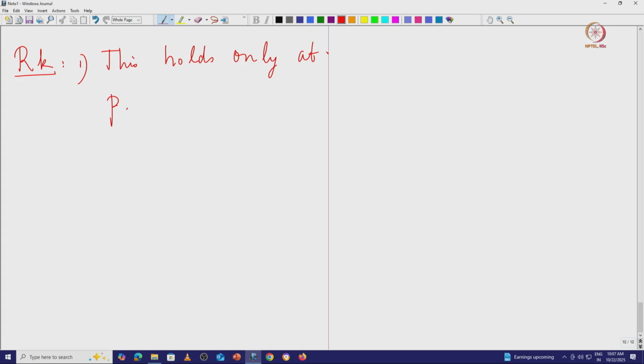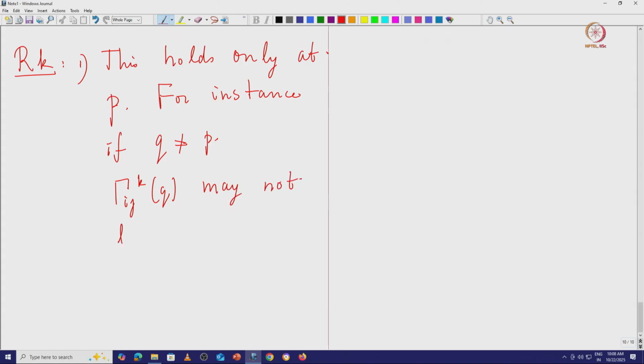So for instance, if Q is not equal to P, then this may not be 0, or this may not be delta Ij.